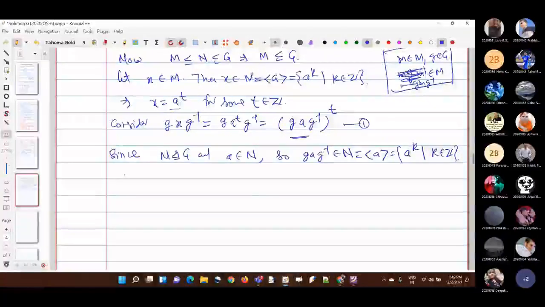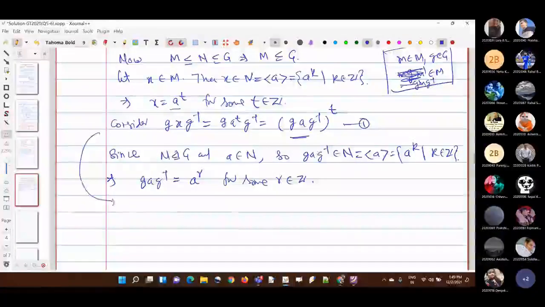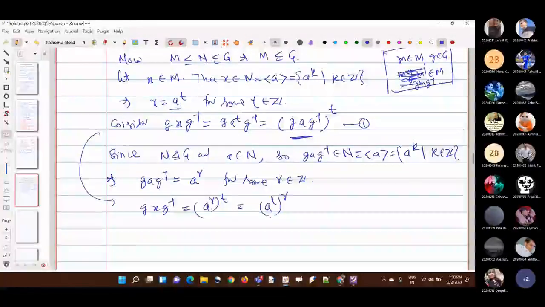So this implies that g a g inverse is going to be some power of a, let us say a to the power r, for some r belonging to the set of integers. So from here, we can write g x g inverse equals, in place of this, a to the power r. So we have a to the power r times t, by using the index rule.